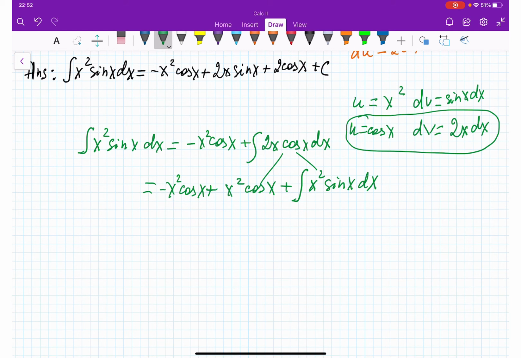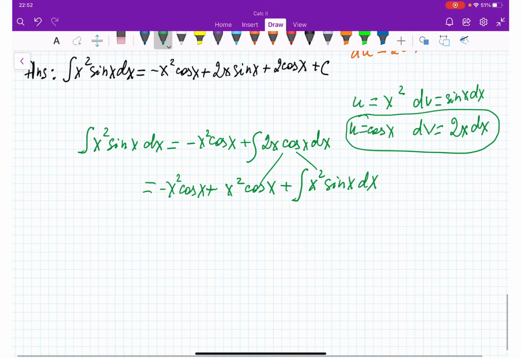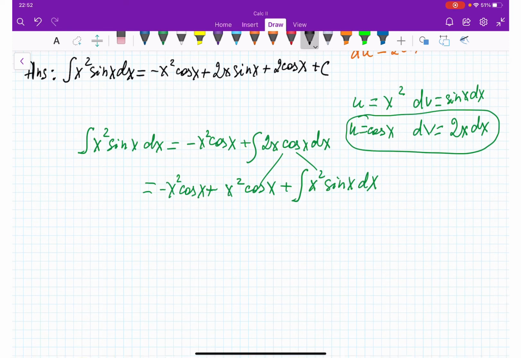All right, moving to one more question, and this time we're going to work with secant. This was question number 4, I think. Integral secant cubed x dx. Okay.